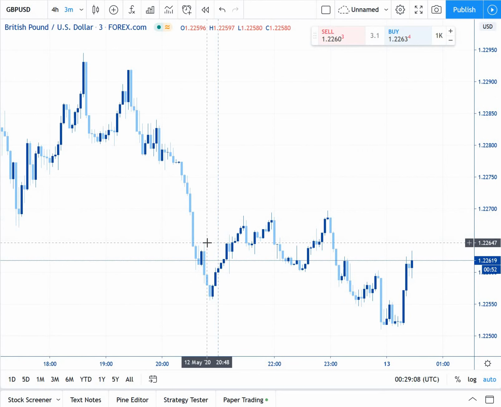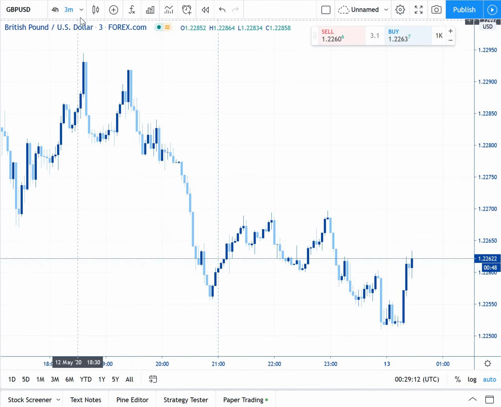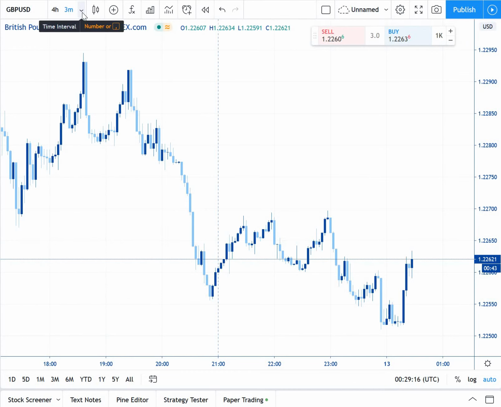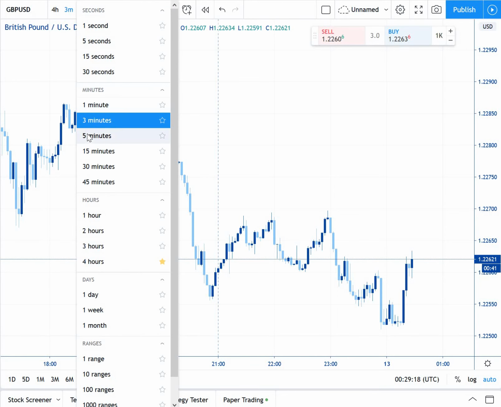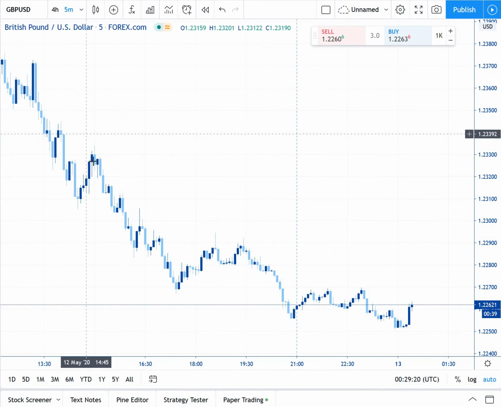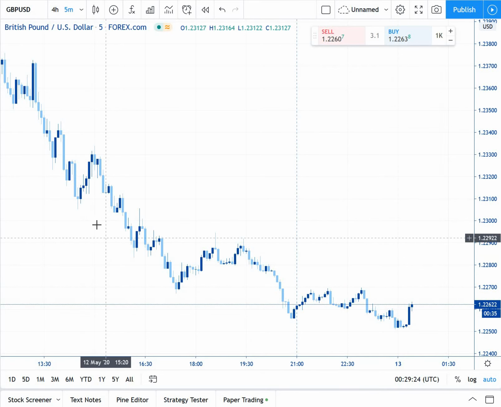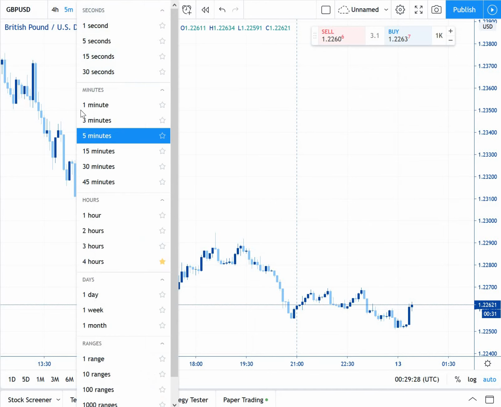Okay, here we have the pound USD again. And as we expected, it has gone up a little. I'm going to wait a little bit more to sell it.